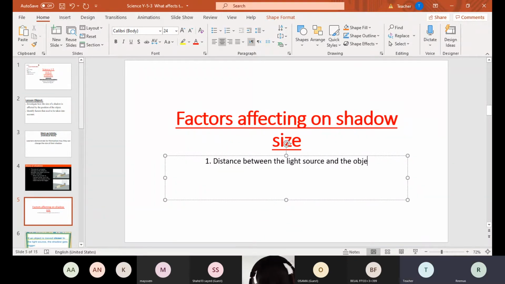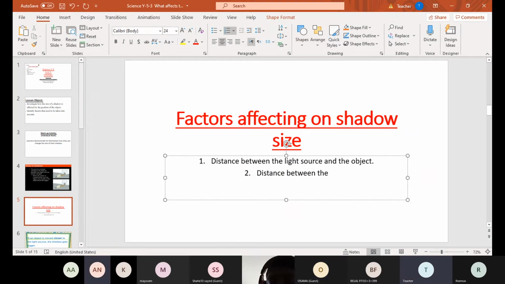Who is there? Number two factor is the distance between the screen and the object, right? These are the two factors.